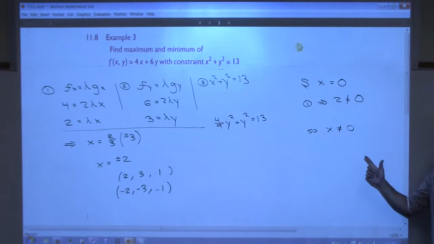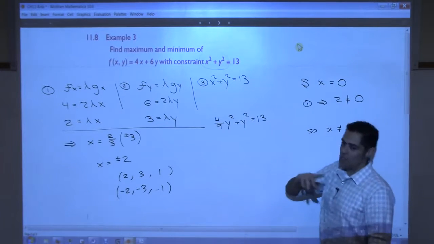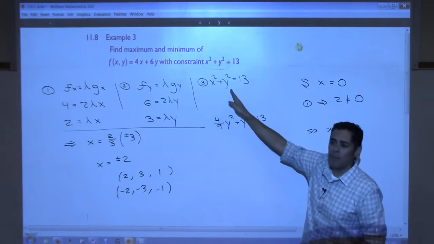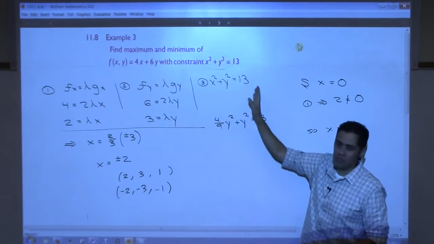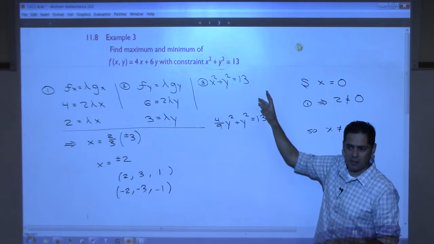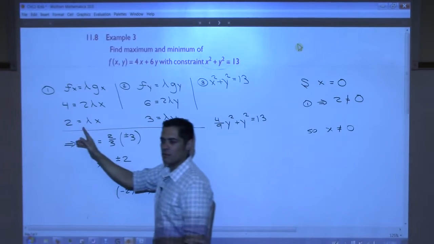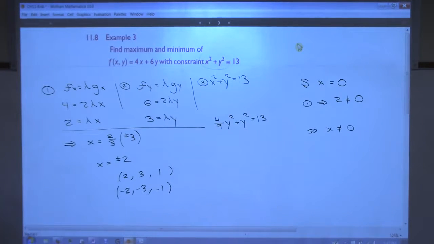But you had to think about it, because I heard someone say it, and that's OK. If x was 0, yes, it would imply that y is going to be the square root of 13 plus or minus. But see, x being 0 does not satisfy this equation. It has to be all three simultaneously.